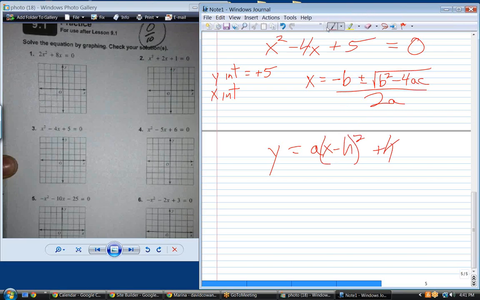The thing is that we don't have it in that format. And we can't get it into that format. So given the quadratic that they gave you here, I have no way of figuring out the x-intercepts without using the quadratic formula. So I'm not sure why they gave it to you.